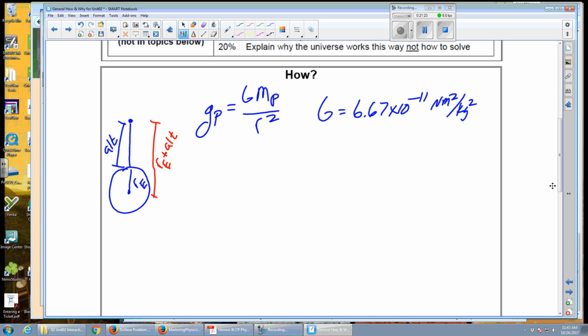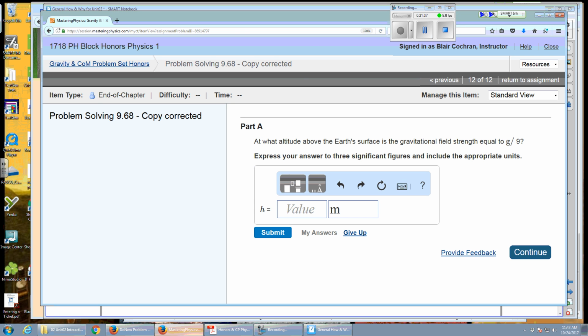So they tell me the little g, the gravitational field strength at this point, is 9.81 newtons per kilogram, because that's what it says, surface of the Earth, over 9, I think. 9, yep.